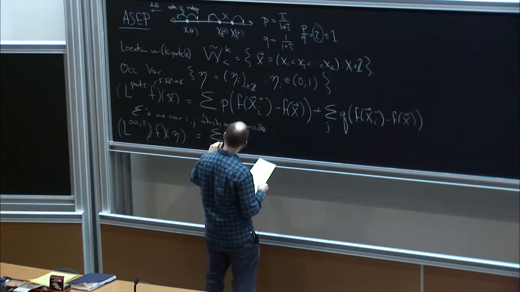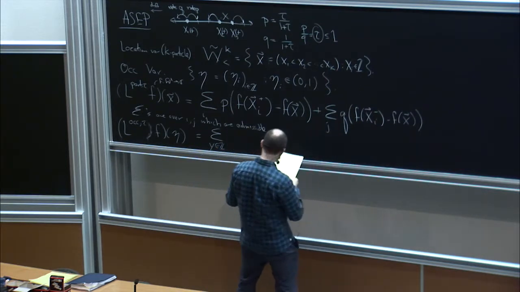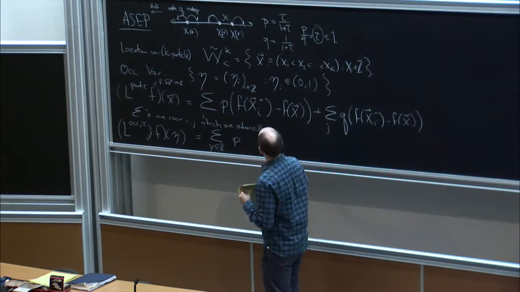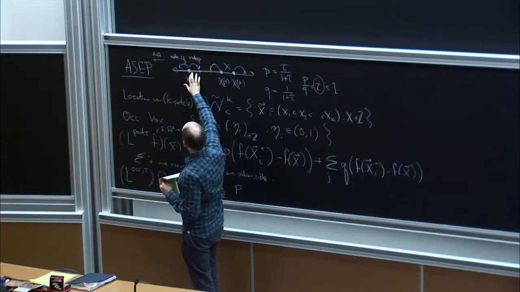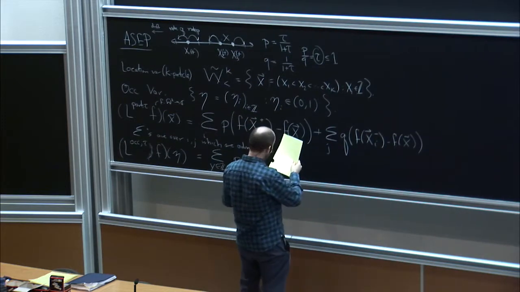So let's say you sum over all sites y in Z, and what you need to do is test. So in terms of occupation variables, if you look at a particular bond, if you have a 1 here and a 0 here, then you can flip. So that flip occurs if you have a 1 and a 0.